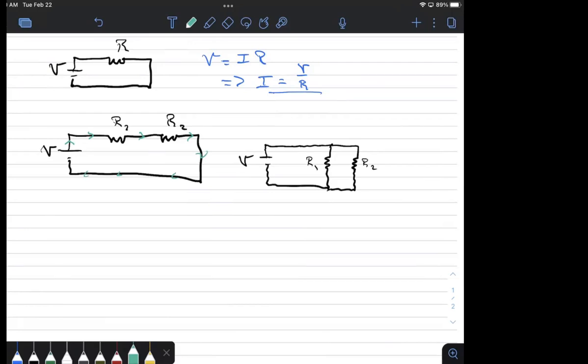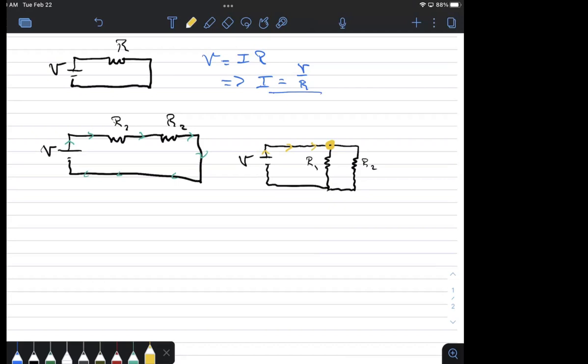But then I look at the second circuit, and the current comes out of the voltage source, goes along, and then it hits this point right here. And at that point, all of a sudden, the path that this current can follow diverges. There's two different paths I could send my current through.